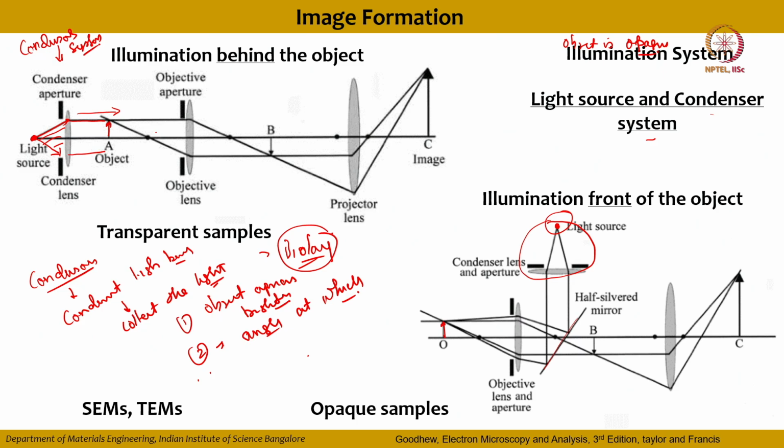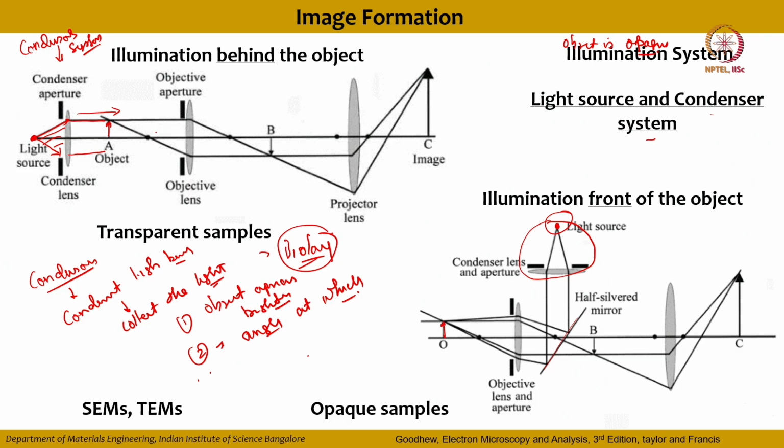And similarly, in the transmission electron microscope, you have a condenser lens system, you have an objective lens system, and you have a projector lens system. And these three systems are common to any microscope, either it is optical, scanning electron, or transmission electron microscope.